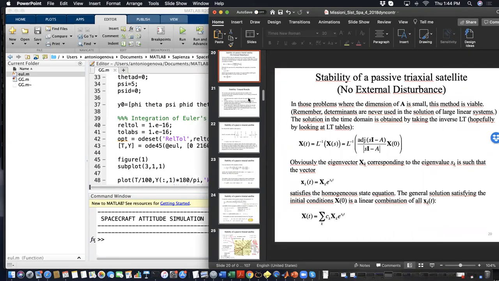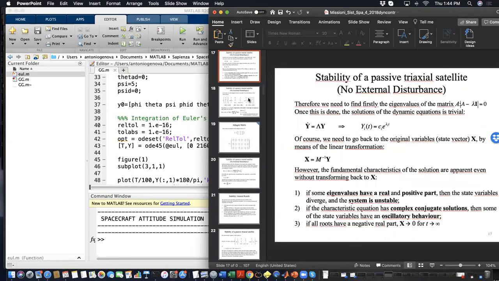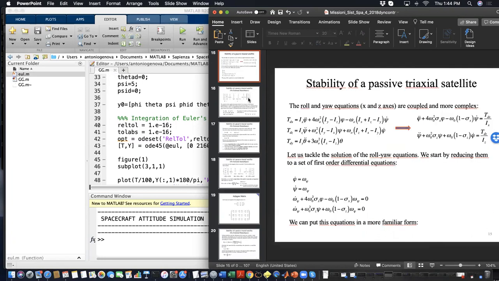So the question is, if we are studying the system without disturbances, this is true, but with the gravity gradient. The gravity gradient terms are related to the terms with omega 0.